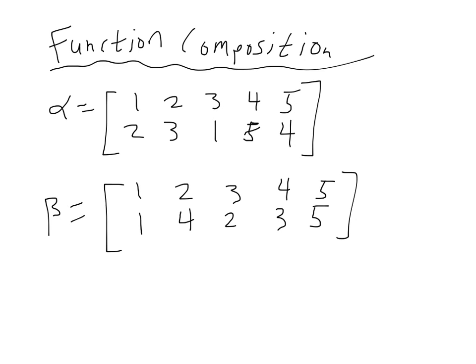If I want to compose alpha times beta. So in this permutation group, the set of all things that are permutations on the set A, which is the set from 1 through 5, I should be able to compose 2 group elements and get back a 3rd group element. So what would this composition look like? Well, for one thing, it's done from right to left.